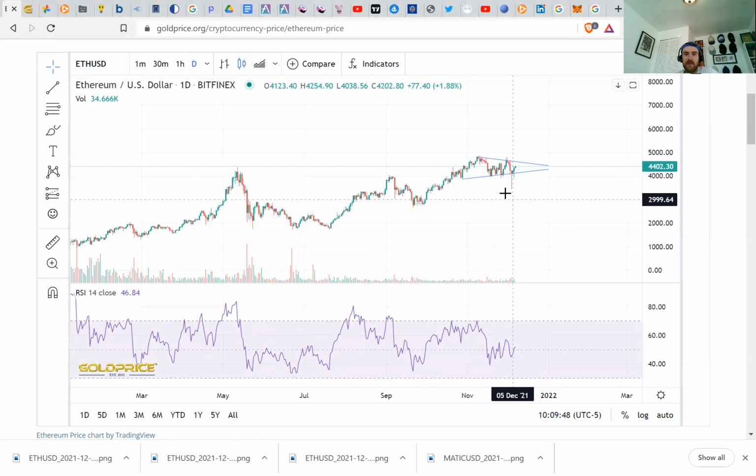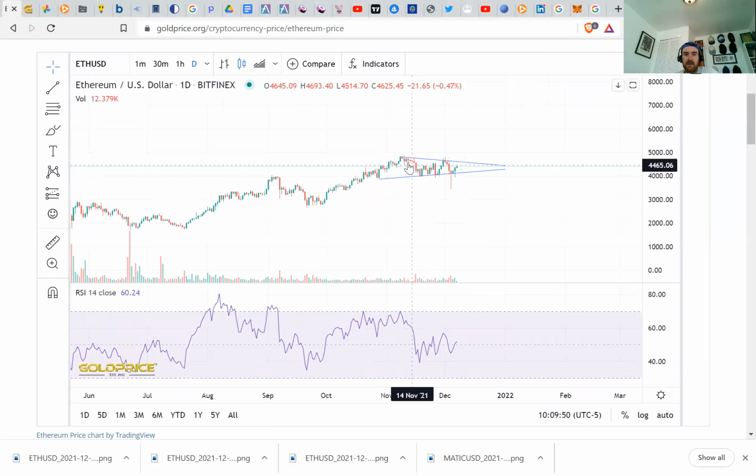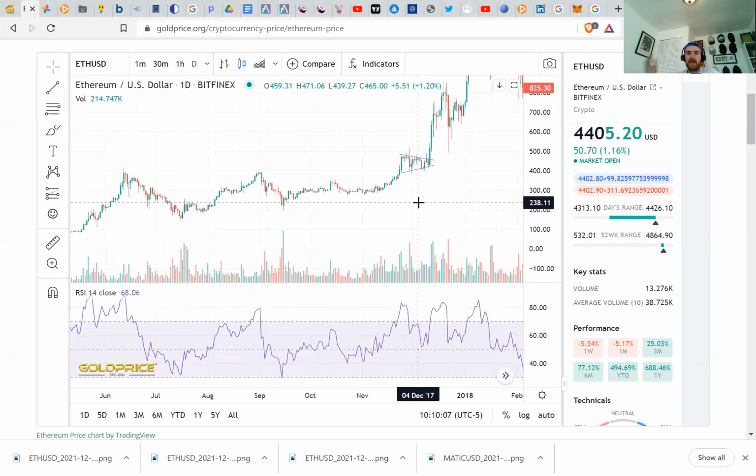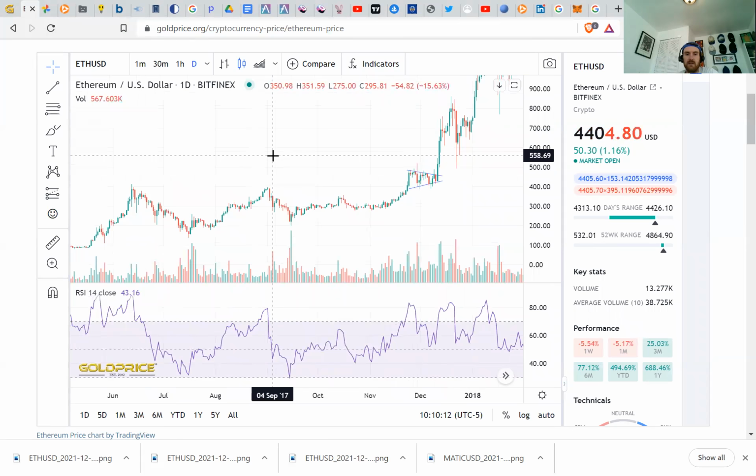We obviously didn't get this big of a wick, but we did get a wick, and we're in the same price ranges. We went up to about 4,850 down in these ranges. This is like 3,400. See here, we went up to around 486 down to around 390. So just 10x it, and we're looking at basically the same price.